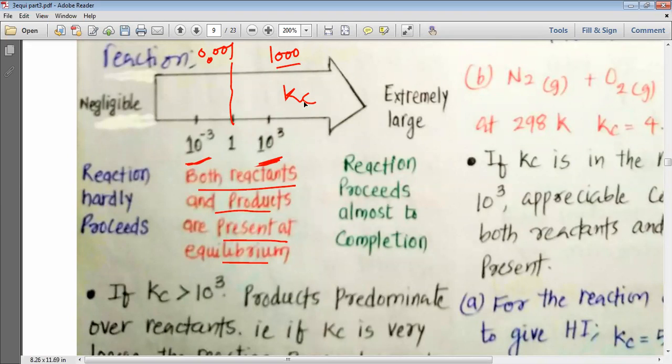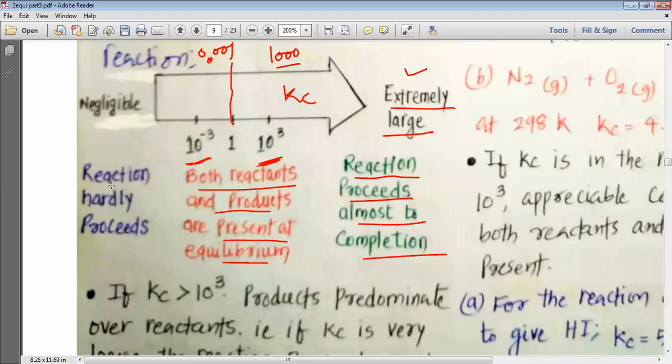But if the value of Kc is more than 10 to the power 3, we can say that the reaction has proceeded almost to completion, to an extremely large extent, and that is why the concentration of reactants present at equilibrium is negligible.